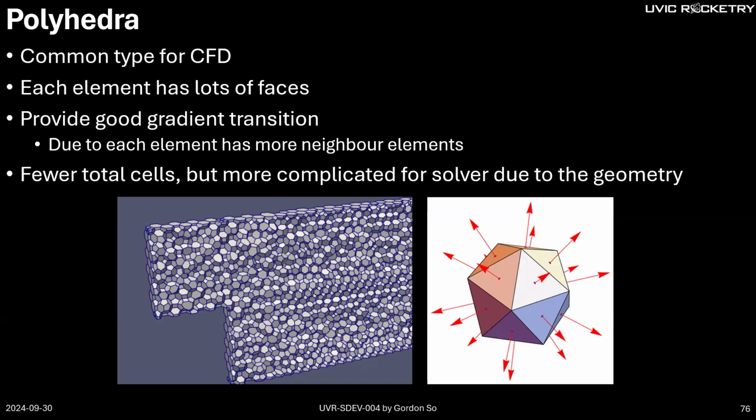Or rather, not necessarily more accurate, but better suited if you want a steep gradient analysis like supersonic. Overall, fewer total cells because your cells are chunkier. But it's also more complicated because, as you can see, there are so many faces and the geometry is not really regular. So again, it's a trade-off.